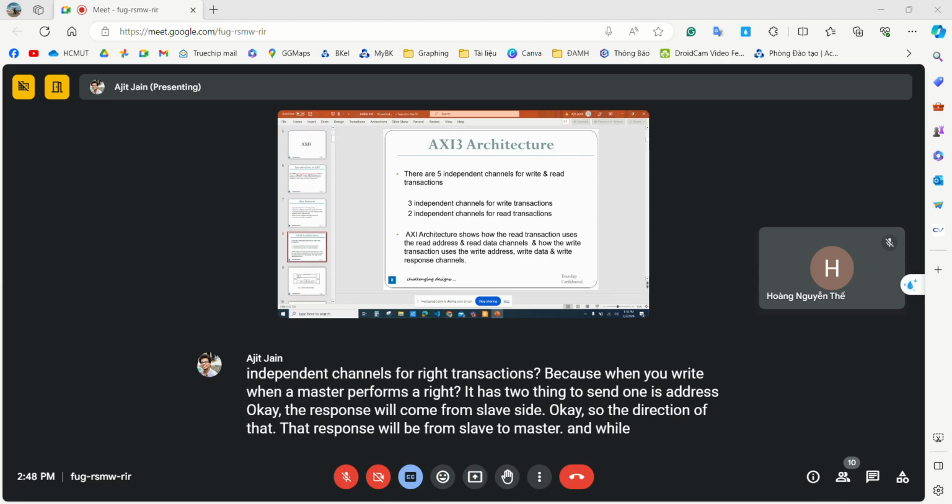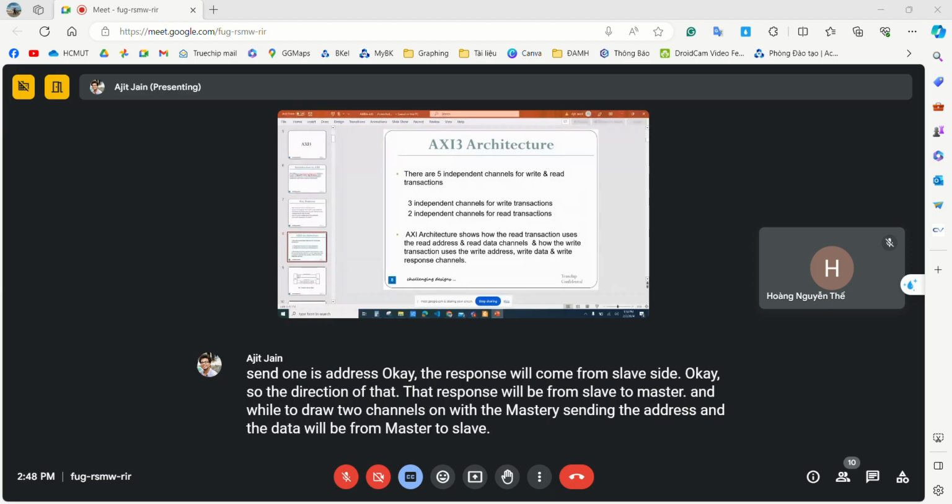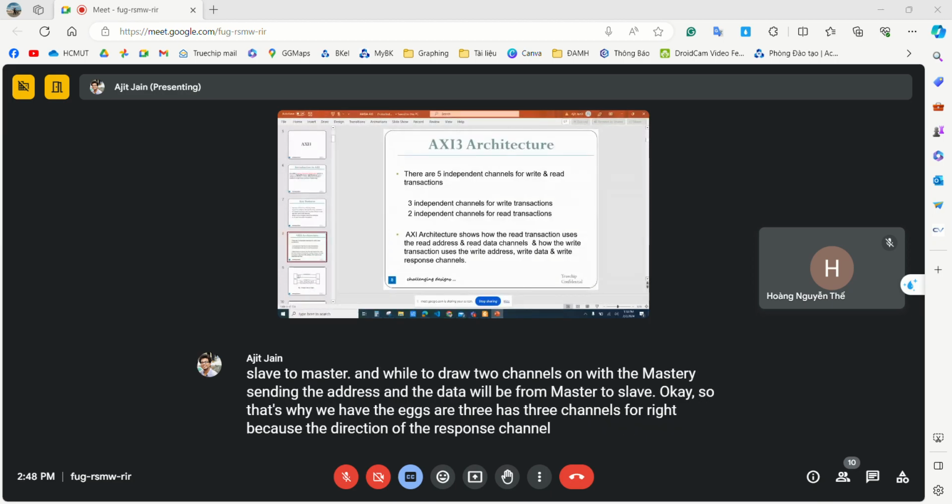The two channels on which the master sends the address and the data go from master to slave. So that's why AXI3 has three channels for write, because the direction of the response channel is different.